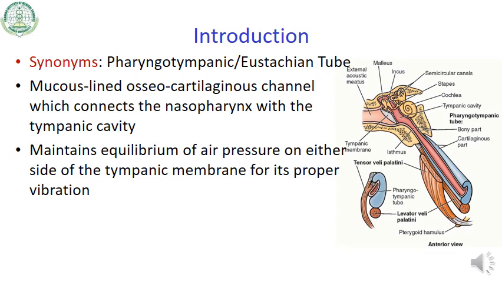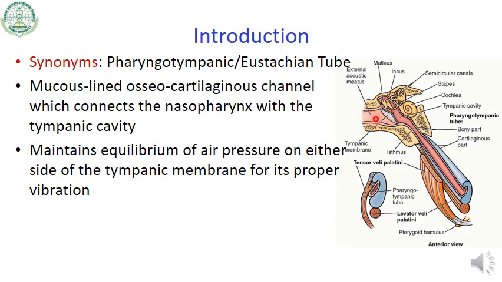Auditory tube maintains equilibrium of air pressure on either side of the tympanic membrane for proper vibration during the process of hearing. So this is a tympanic membrane.